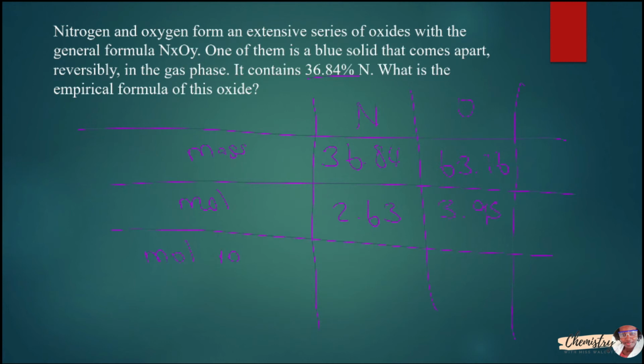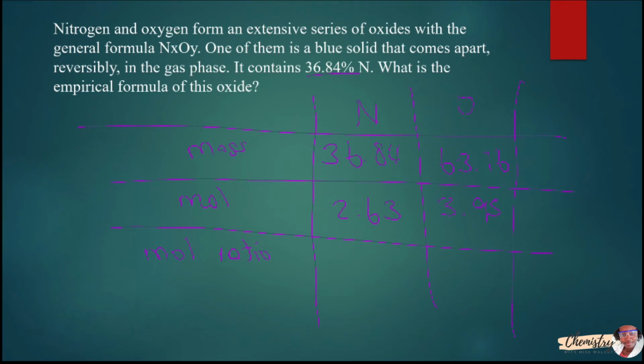We'll then find our mole ratio. This is done by dividing the number of moles for each element by the smaller number. In this case, the smaller number is 2.63. When we divide it by itself, we'll get 1. And when we divide 3.95 by 2.63, we'll get 1.5.